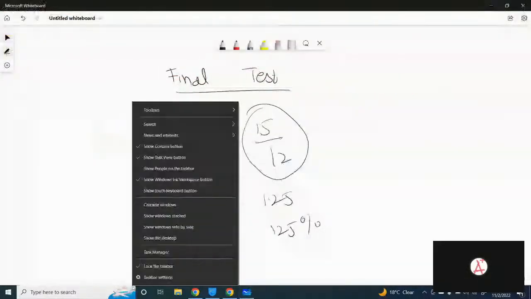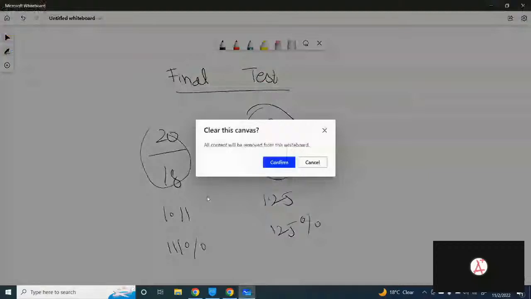12 over 10, and the other fraction is 20 over 11. So you can see which one is greater and which one is smaller by dividing them by the denominator and then multiplying with 100. So it would be 1.2, and 1.2 times 100 is 120%. Got it?